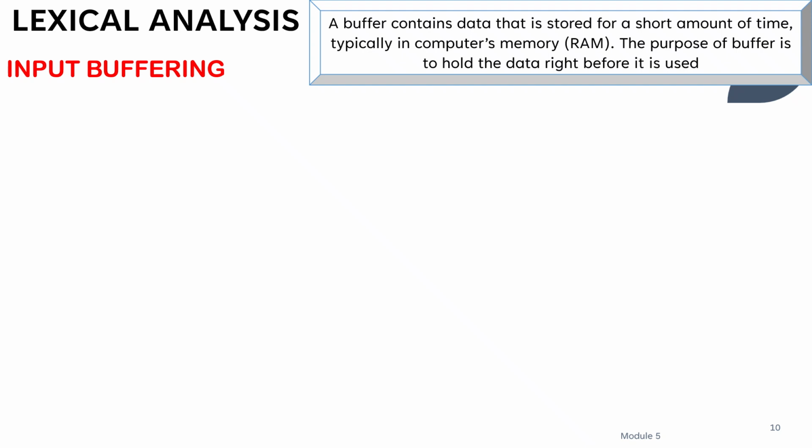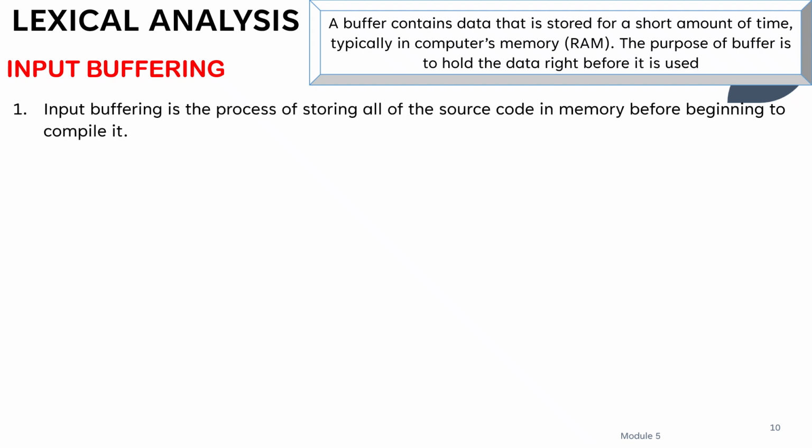A buffer contains data that is stored for a short amount of time, typically in the computer's memory, that is RAM. It is said that accessing data from RAM is much quicker than accessing data from a disk. The purpose of a buffer is to hold the data right before it is used. That is, before we start categorizing characters into lexemes, these characters will first be stored in the buffer.